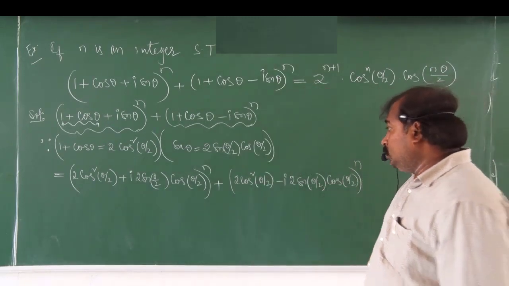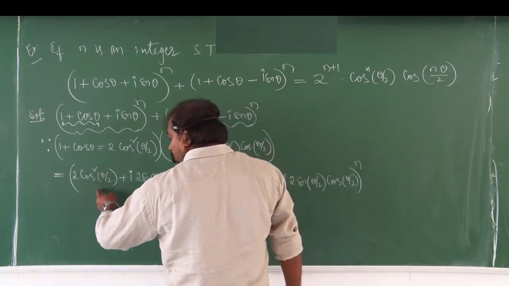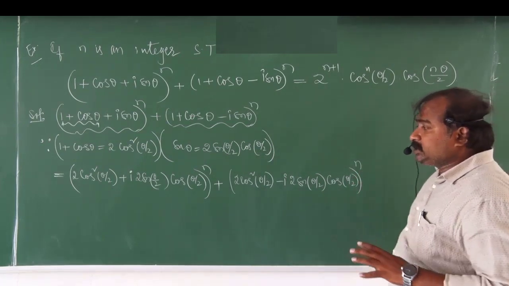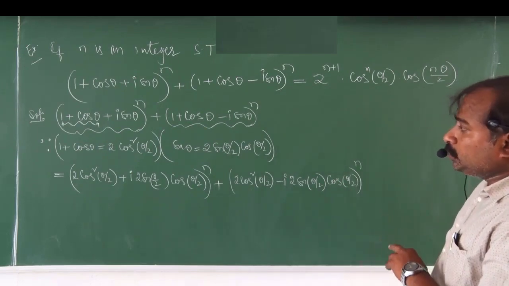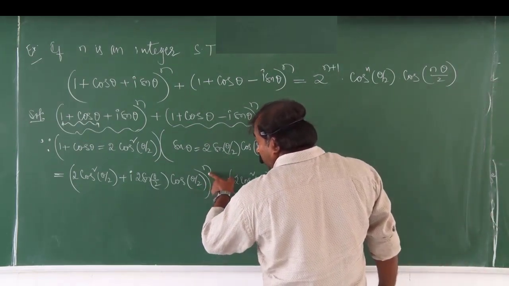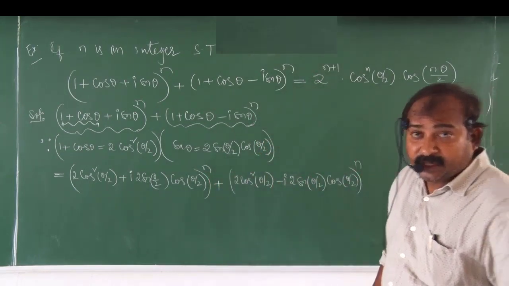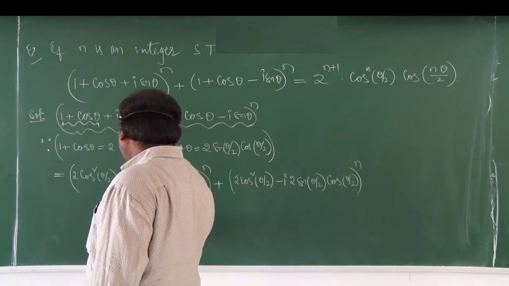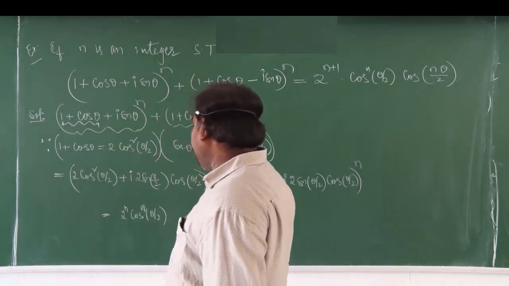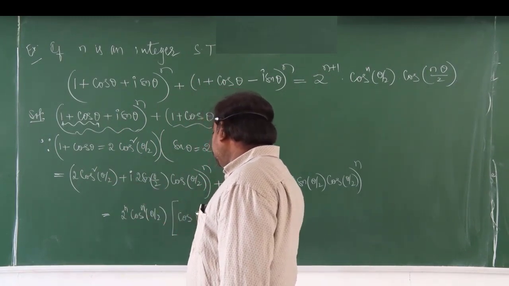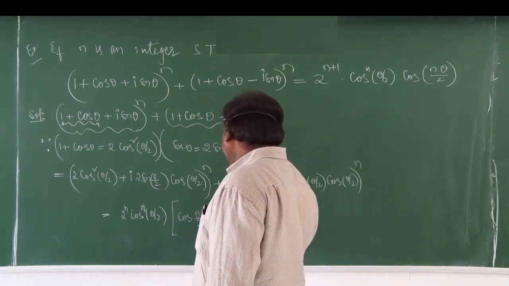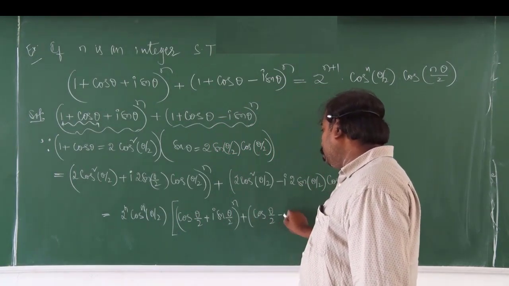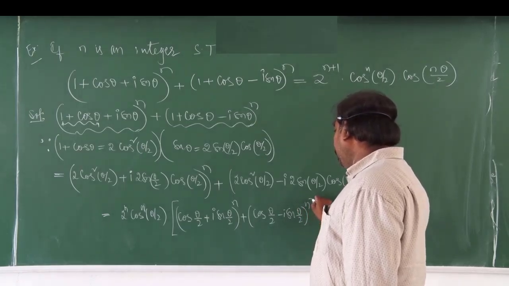Now 2 cos(θ/2) is common in both terms, and if I take 2 cos(θ/2) common, the power n also comes. So the total value will be 2^n into cos^n(θ/2) into [(cos(θ/2) + i sin(θ/2))^n + (cos(θ/2) − i sin(θ/2))^n]. Like this you will get.